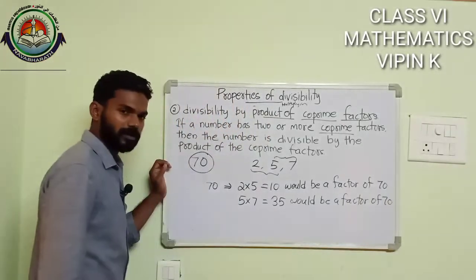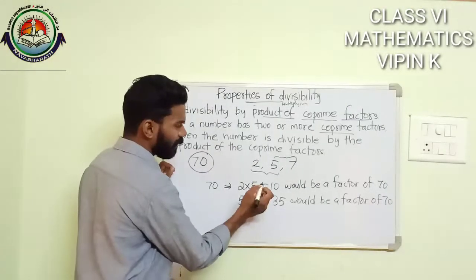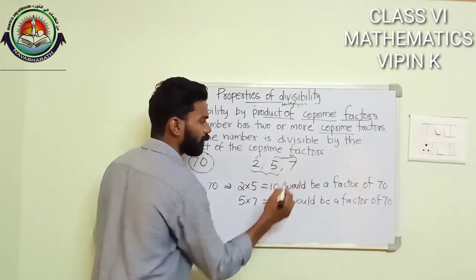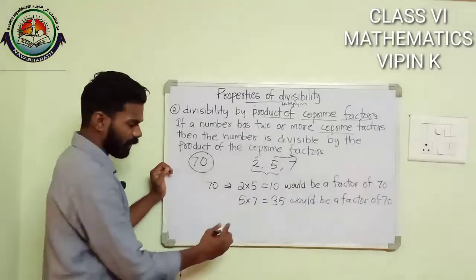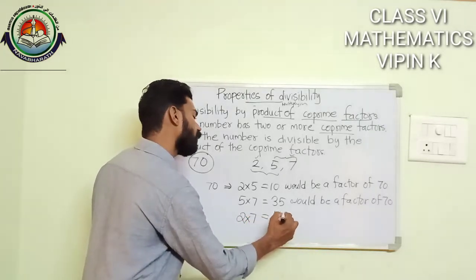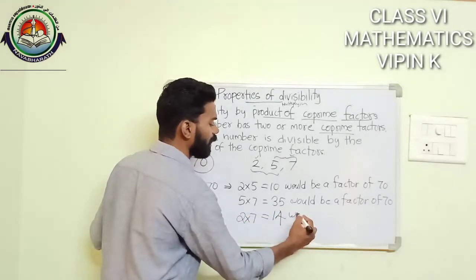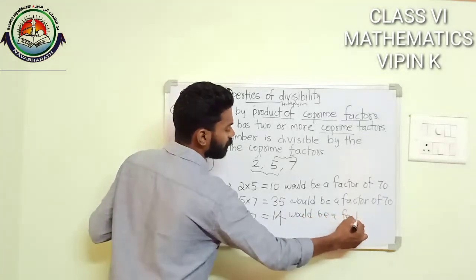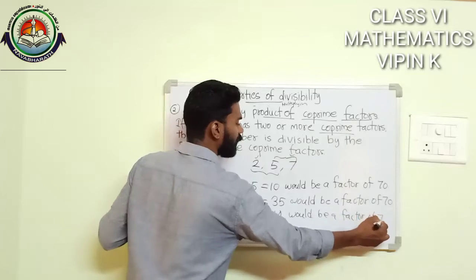Now taking another example, you can take the number 2 and the number 7 as a pair, so that 2 into 7, which is equal to 14, would also be a factor of 70.